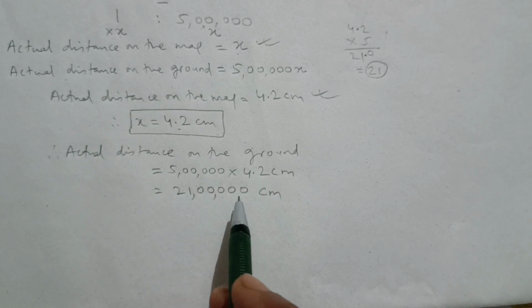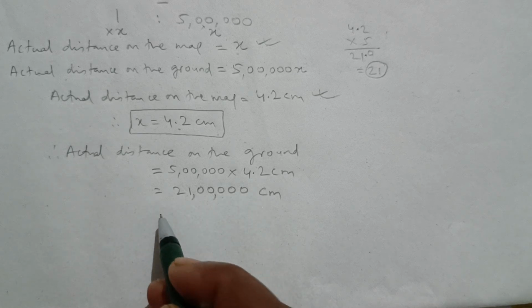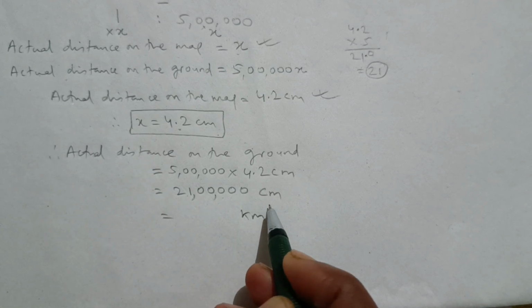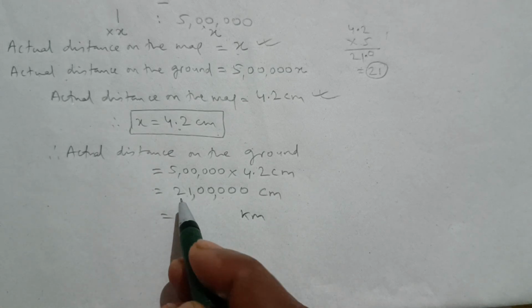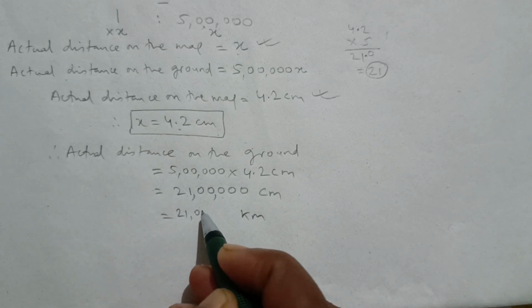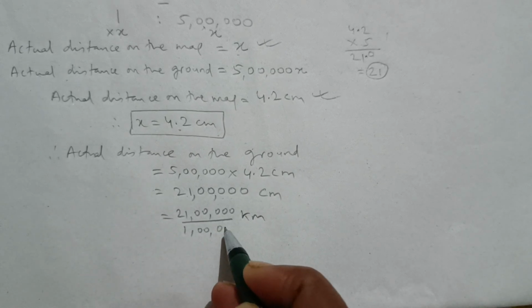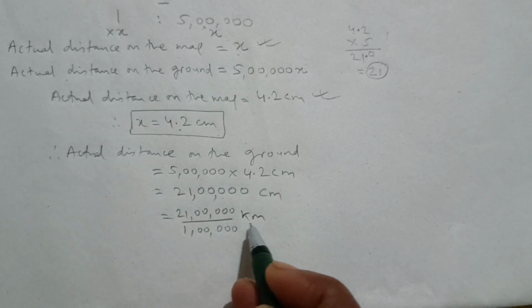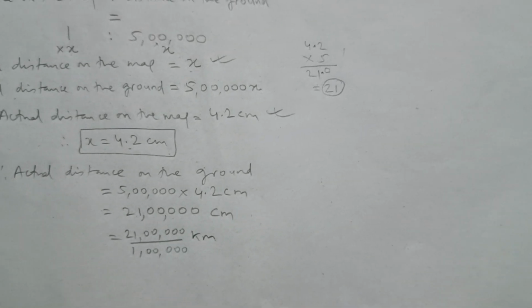So let us convert this centimeter into kilometer. 21 lakh centimeter is how many kilometers? To convert centimeter to kilometer, we have to divide by 1 lakh. So this 21 lakh, we have to divide by 1 lakh, and that will give us the distance in kilometer. If you don't know how this 1 lakh came, I will explain why I am dividing by 1 lakh.